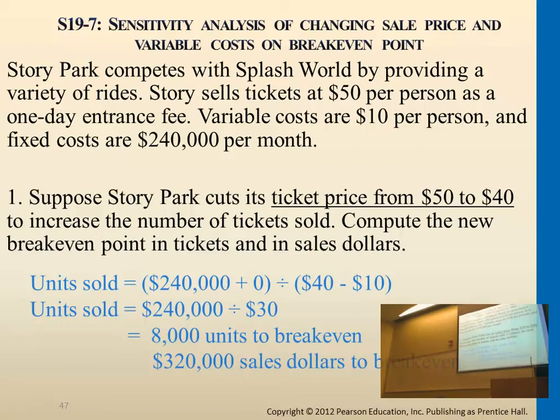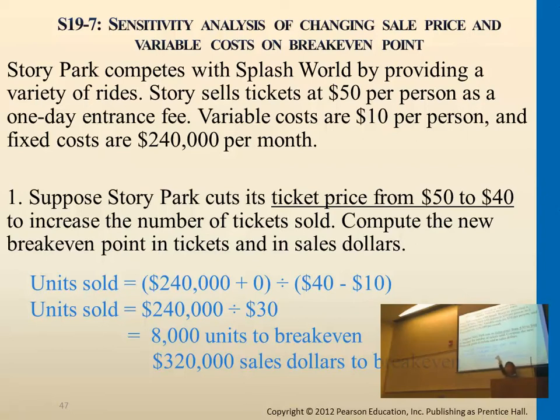So if you think about this question here, sales price originally is 50. Now we decrease it to 40. If we lower the sales price, the contribution margin, which originally was 40, is now only 30.